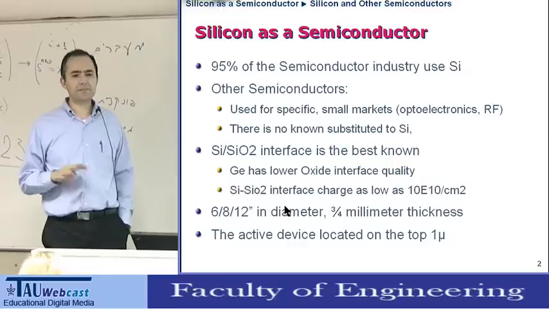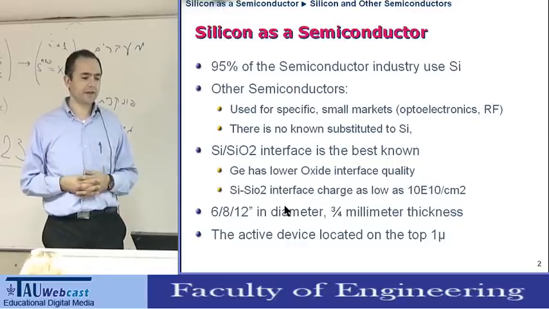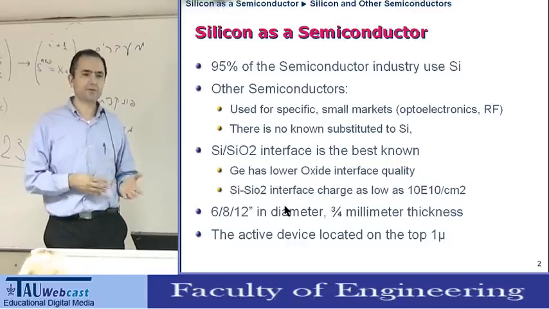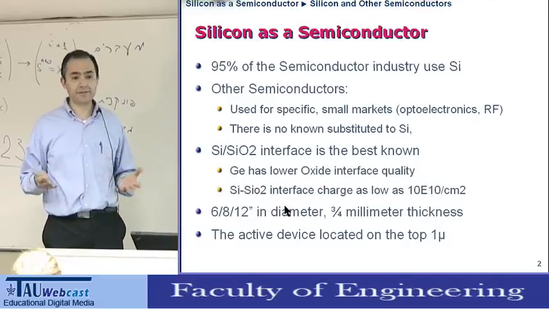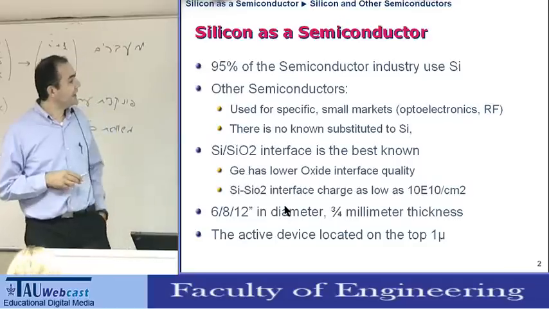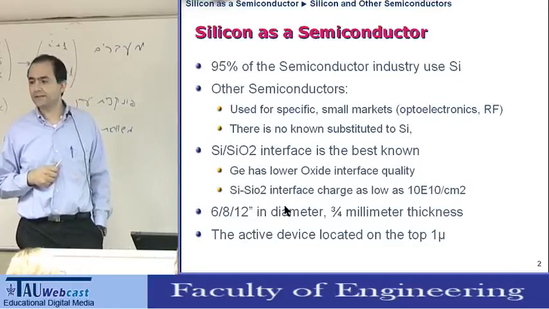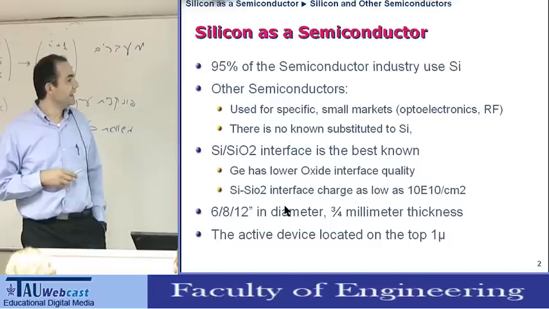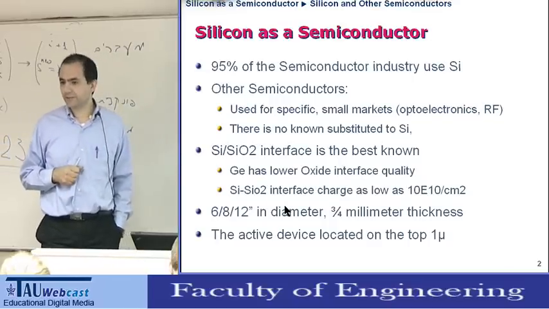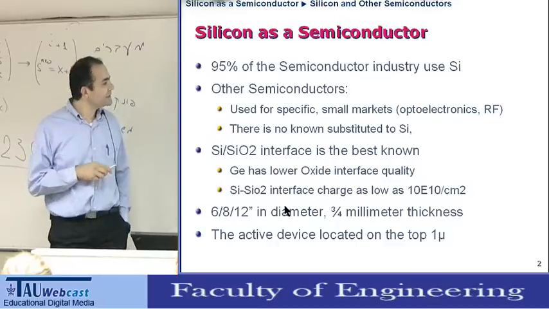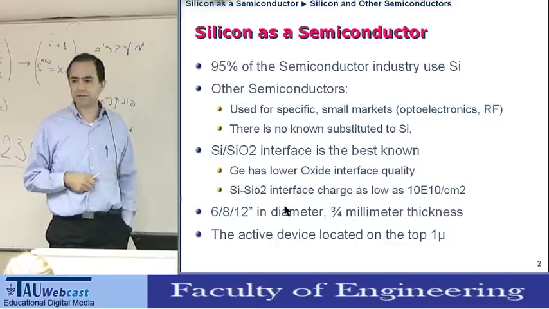So silicon is the basis, and off silicon there are many kinds of combinations with germanium, with carbon, with other stuff, with additions of many things. Okay, the reason for silicon being the lead semiconductor: historically germanium was the lead semiconductor, but silicon took the lead because of the interface between silicon and silicon dioxide.